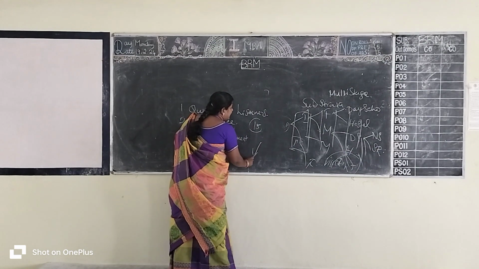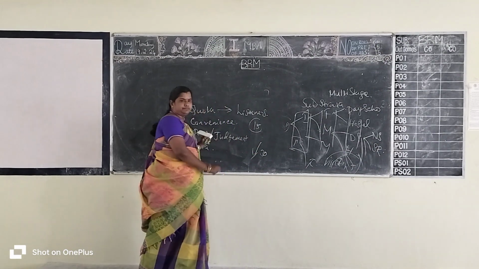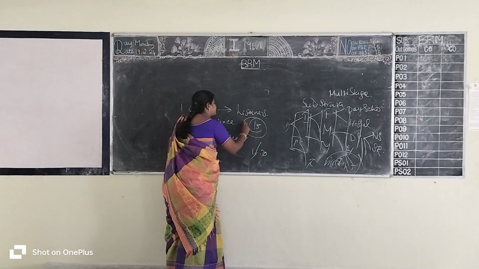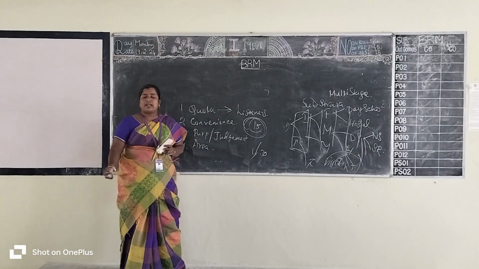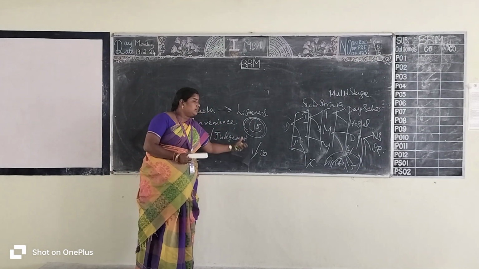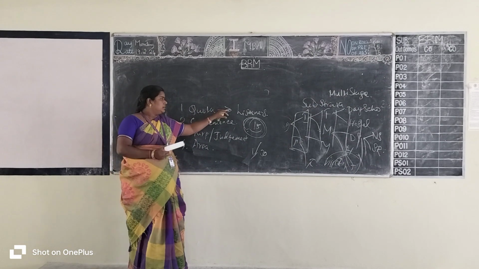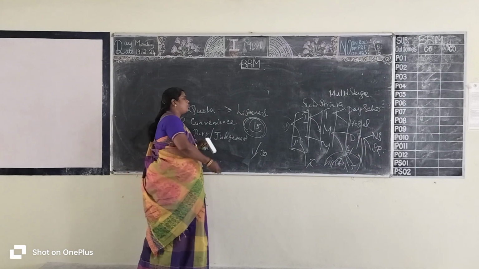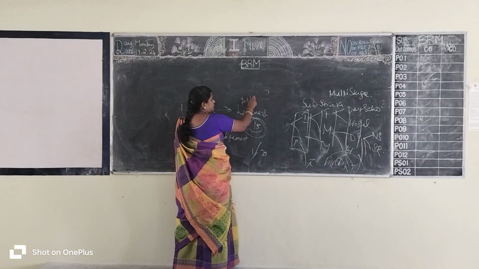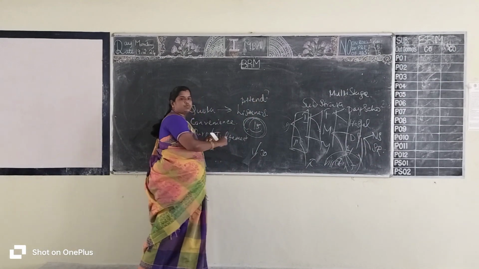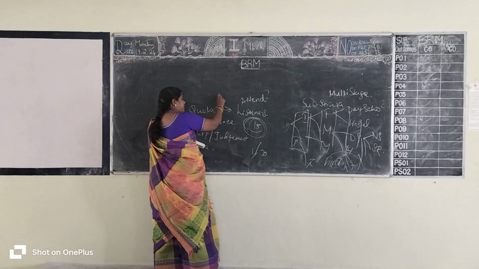So I am completely eliminating the 30. I am getting the response from only 15. I am not selecting the remaining 30. That is what is called quota. I am making a quota reservation for listeners, one who is very attentive, who is attending the class very well, who is responding in the class.